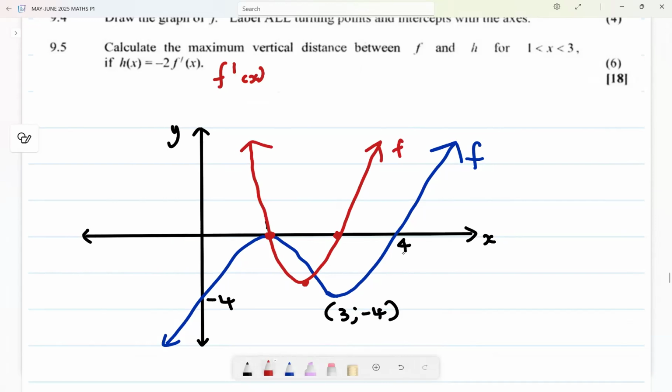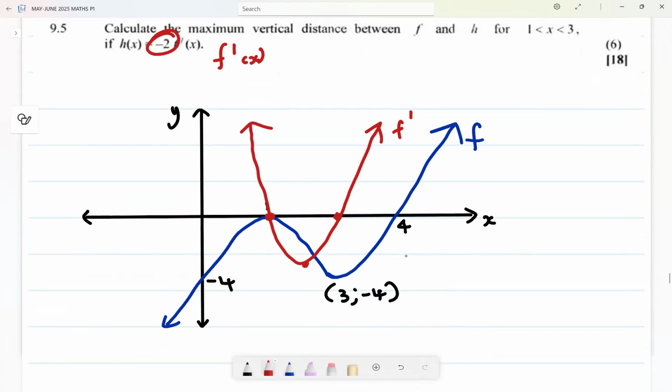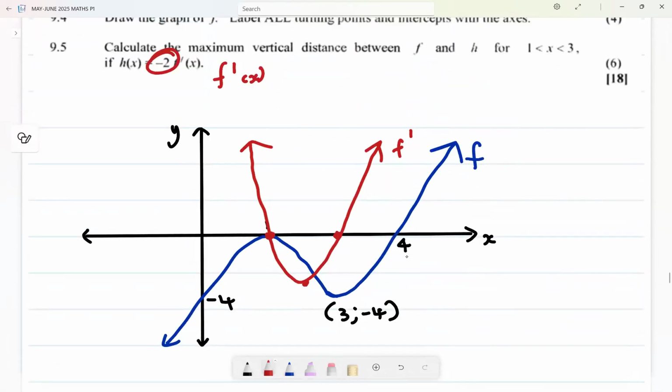This is the graph of f prime, but now it has been multiplied by negative 2. The magnitude 2 does not matter, but the negative will have an effect on my graph. How will it have an effect? My graph will look upside down. Okay? It will be reflected, like we have reflected it across the x-axis.